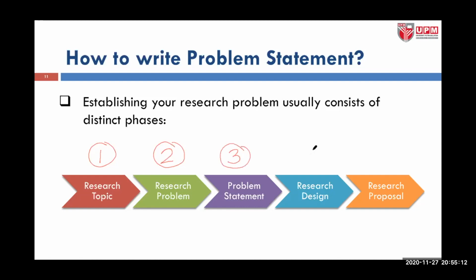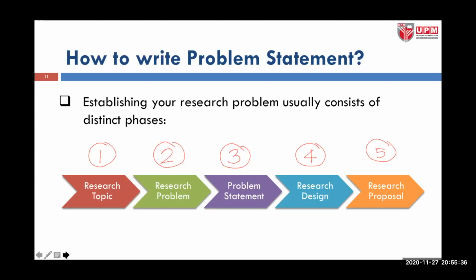This is then related to the research design, and finally the research proposal. Later you're going to do all of that. From time to time we will relate back to the K chart, and how it can help you establish your problem statement through these five steps.